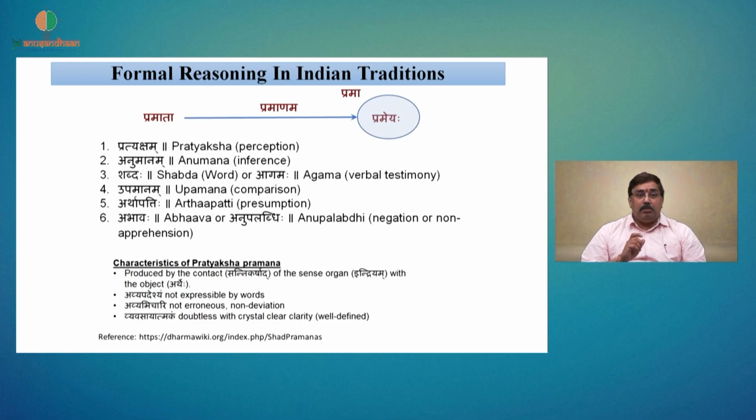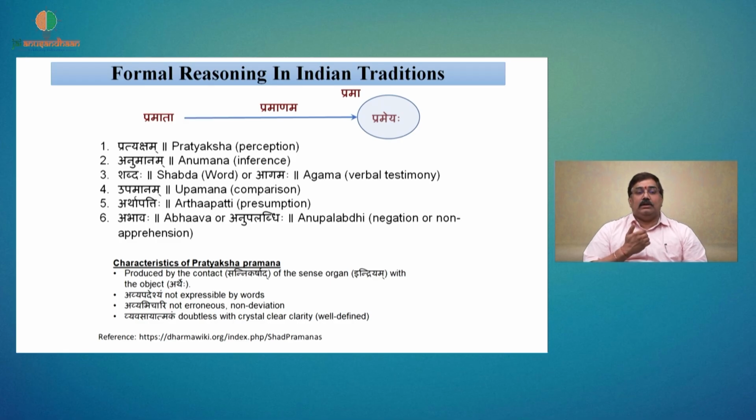And remember, even modern science uses only these 2, Pratyaksha and some part of Anumana, that's all. Whereas our Indian traditions went beyond that. So essentially modern science is a subset of the pramanas used in the Indian traditions. They included Shabda or Agama, Upamana, Arthapatti and Abhava or Anupalabdhi, as they call it.